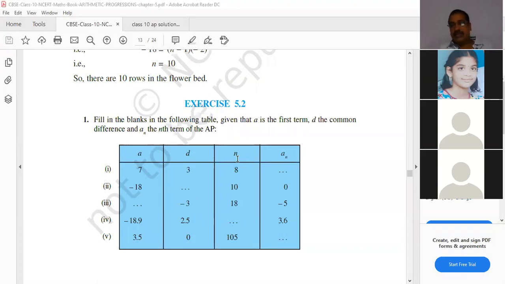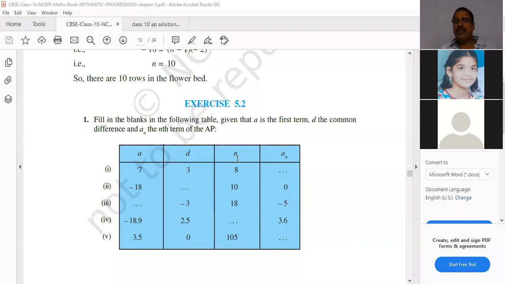Then how do you write it? Any other? Hussein, is my voice audible? The sum of the fourth term and sixth term is 20.